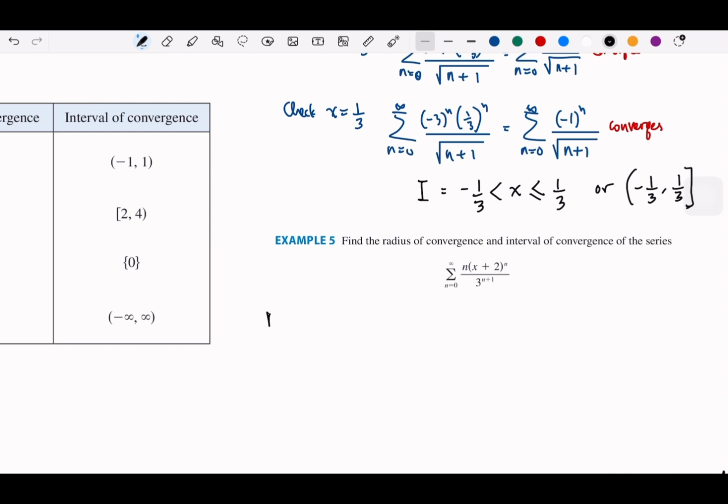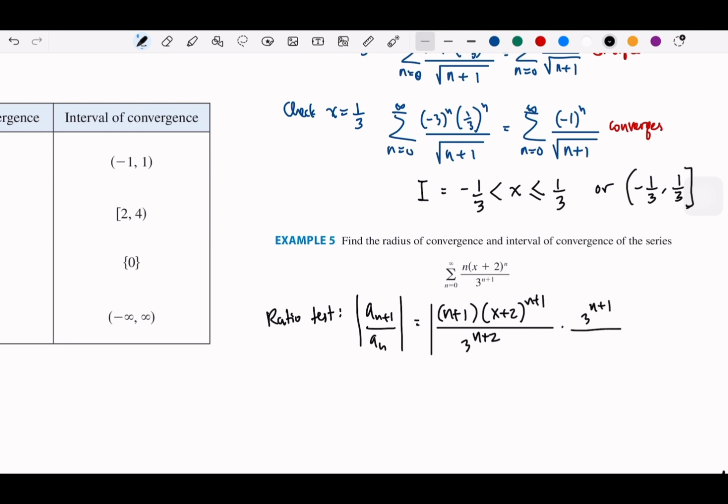So if we take the ratio test again for example 5, the same thing.